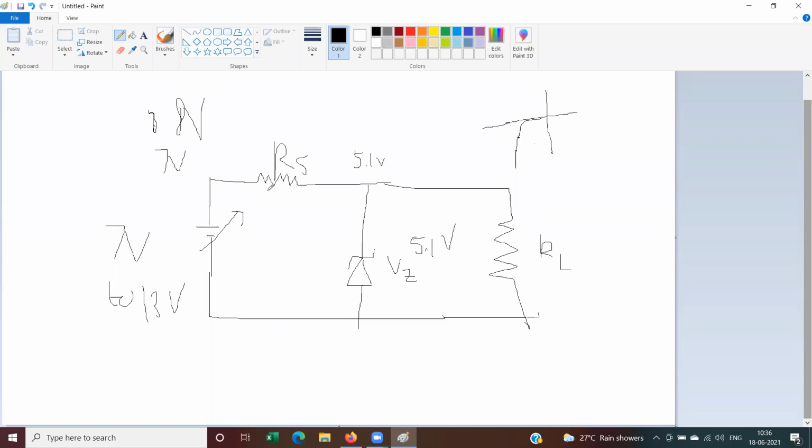Is the value of RS changing or not in the circuit? Am I changing the value of RS? RS is a resistance. I have not put an arrow sign, a variable sign across RS. I am not representing RS like that.